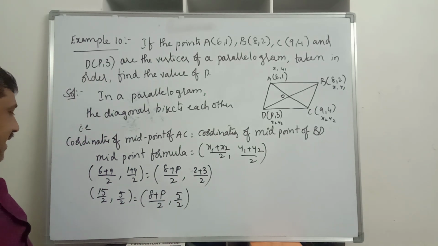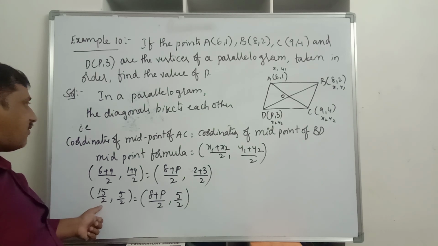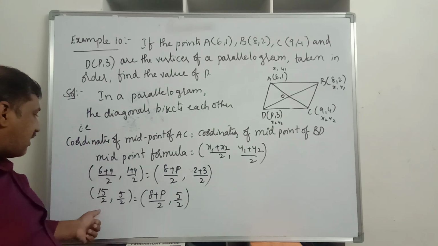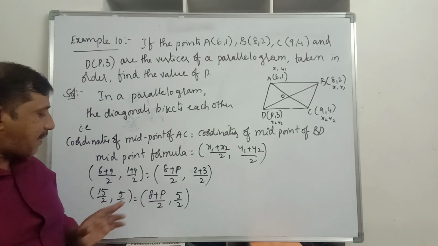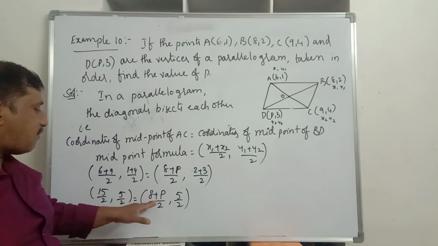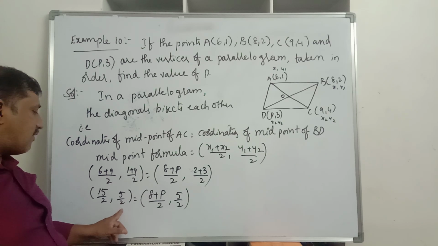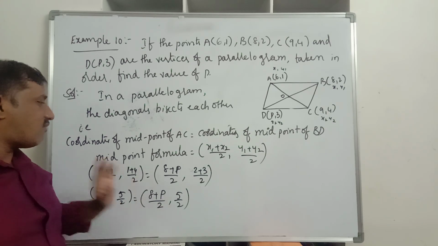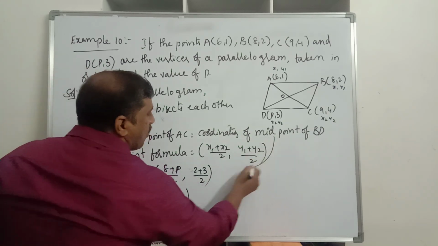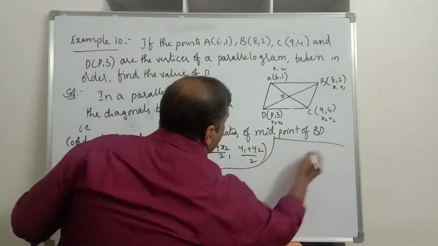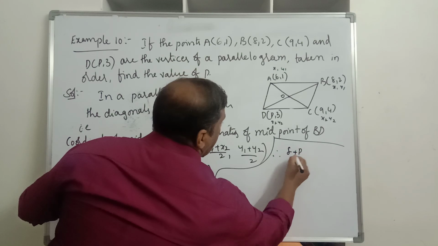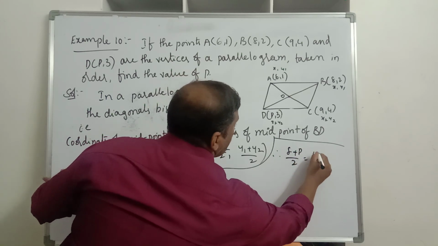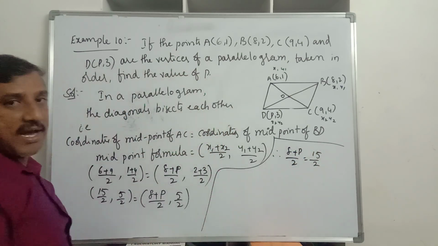Now observe both sides. The x coordinate of the midpoint of AC is 15/2. Similarly, the x coordinate of the midpoint of BD should be the same, but here it is (8 + p)/2. The y coordinates are the same, 5/2 and 5/2, therefore the x coordinates will also be equal. So (8 + p)/2 equals 15/2.